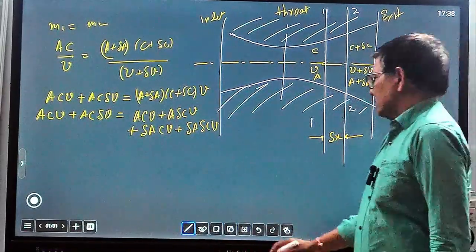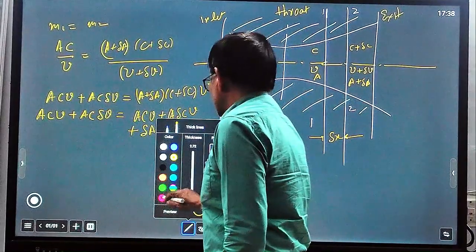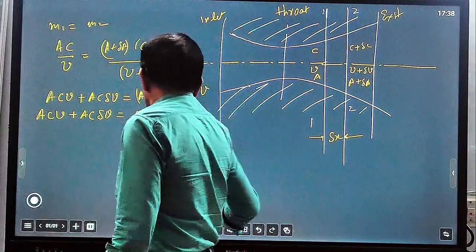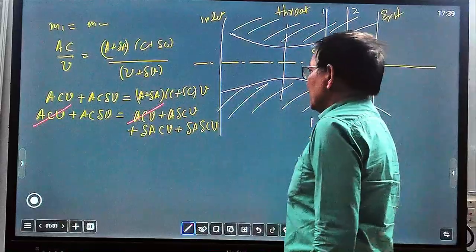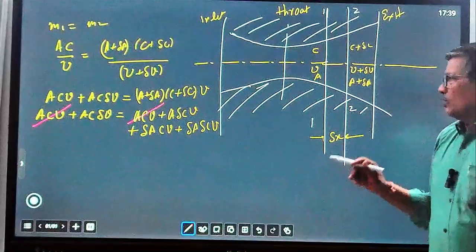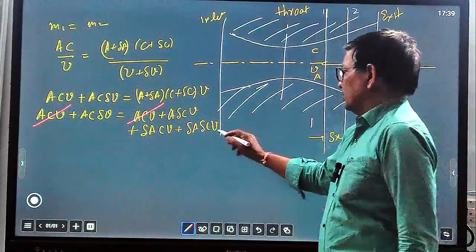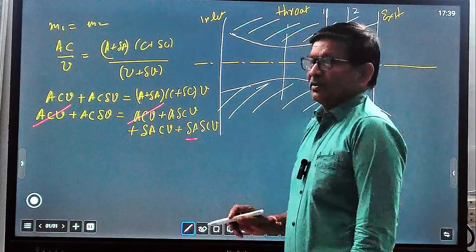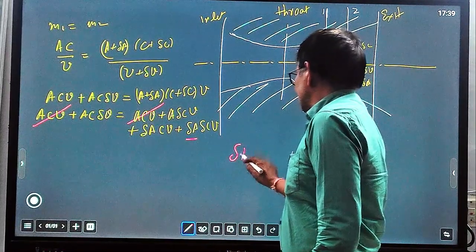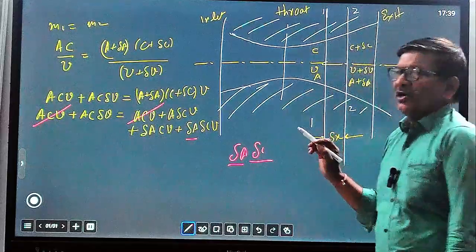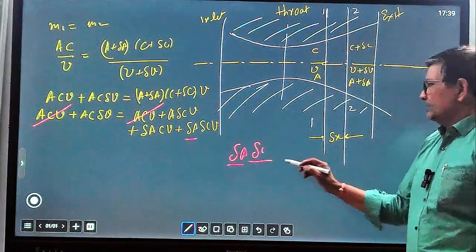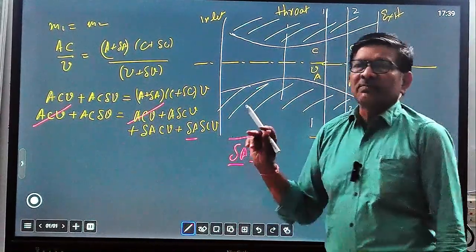Now some terms will cancel: ACv is replaced by ACv. One thing you can see is that there is a product of two small quantities.